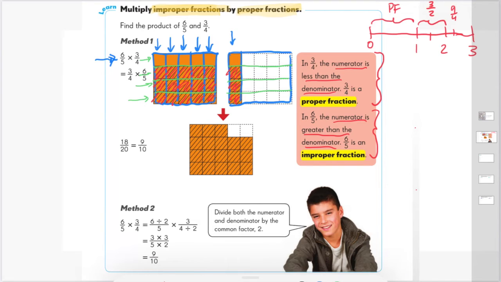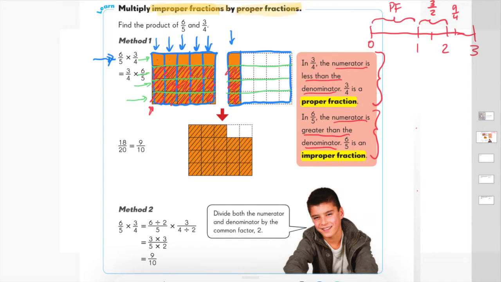Now, when we divided the fifths into fourths, we're now looking at 20ths. That's the parts that we're looking at, right? There's 1, 2, 3, 4, 5 by a 1, 2, 3, 4. So a 5 by 4 gives us 20ths. How many 20ths did we shade in? Let's do a little blue check to mark those. We did 1, 2, 3, 4, 5, 6, 7, 8, 9, 10, 11, 12, 13, 14, 15, 16, 17, 18.